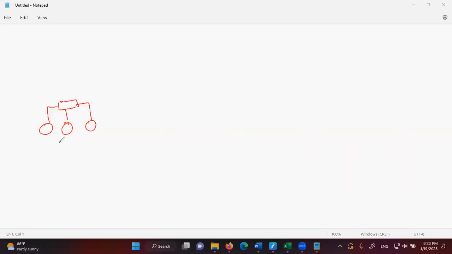So in this network, assume that we have 70 computers. And this network is going to be connected via router. So in this network, let's say we have 40 computers.